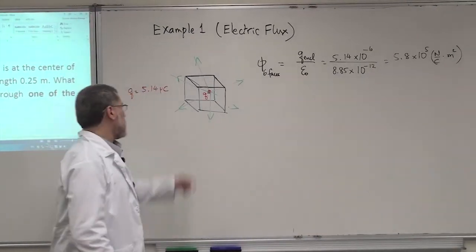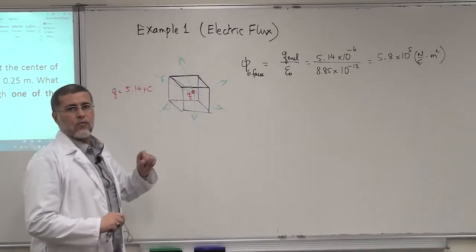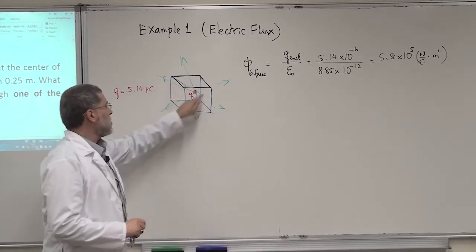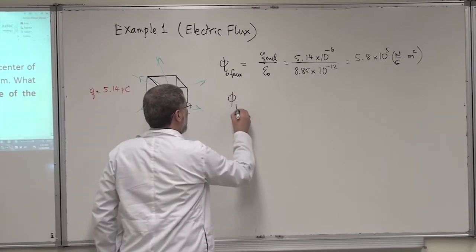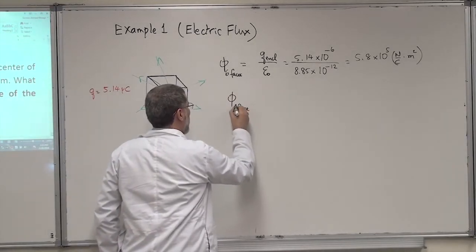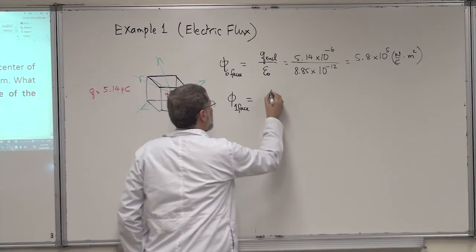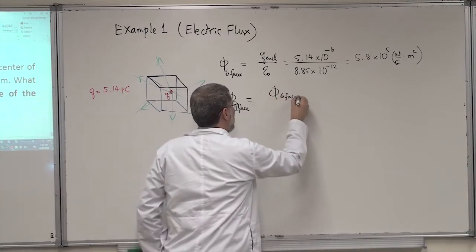And I told you, because the charge is right in the center of the cube, the flux through each face is equal. So if I want the flux through one face, I would take this flux for 6 faces and divide by 6.